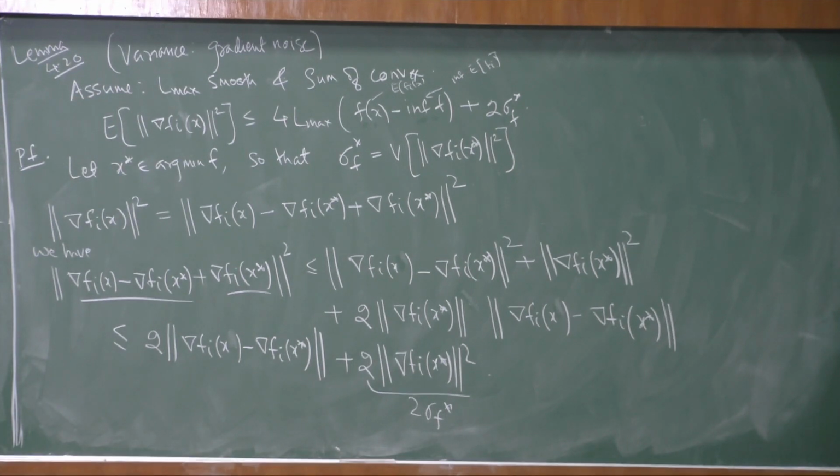And the things we have in hand are L max smooth, and obviously L max smooth is also needed because that's how I will get the L max, right? So let us see how we can settle the first term.